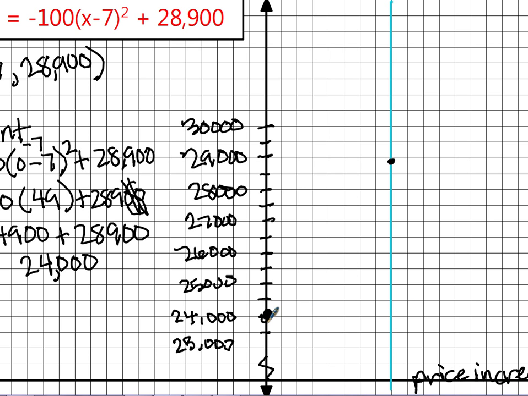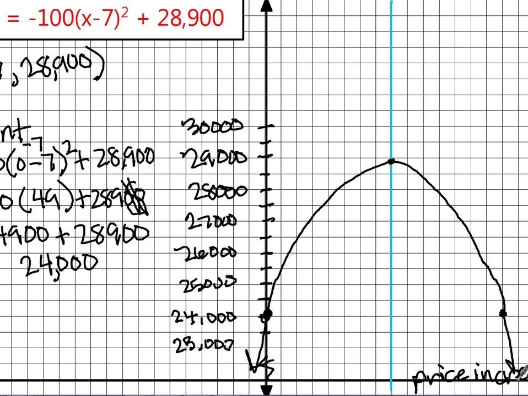It's 7 units to the left of my axis. Because this is our line of symmetry, I can put its symmetrical point, or its reflection, on the other side: 5, 6, 7. And then I can have a rough graph of what this is going to look like.